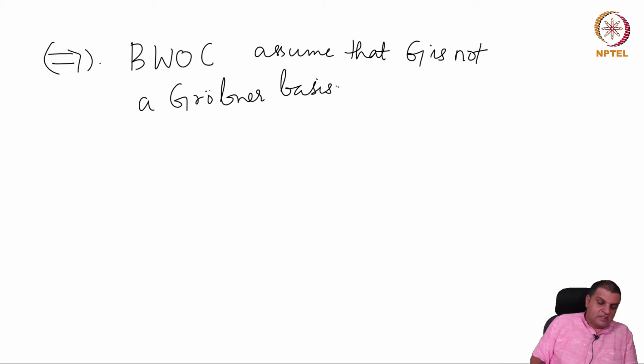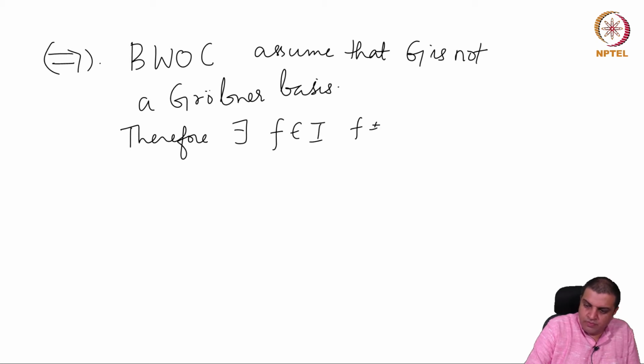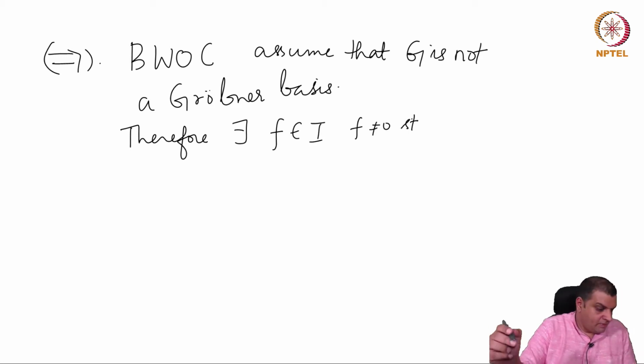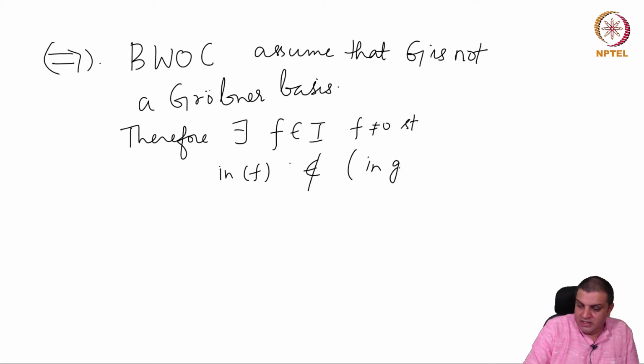Therefore, there exists some F in I, not 0, such that in(F) is not in the ideal generated by in(Gi), 1 ≤ i ≤ m.